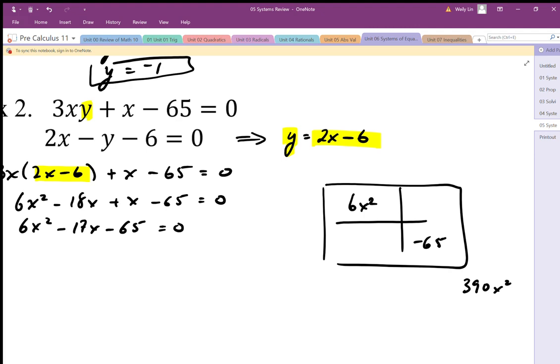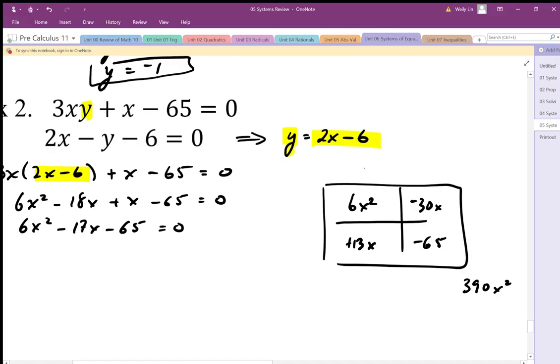Okay, well, the factors of 390, we can guess and test this, but it looks like we're probably going to have some difficulty with this. So like we can do maybe 13 and 30. Okay, so if I do 13 times 30, if I have negative 30, positive 13. Now this isn't an easy one to guess, but this one does work. We end up having a difference of 17.